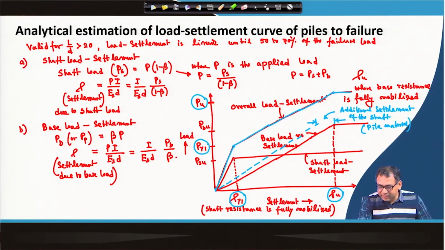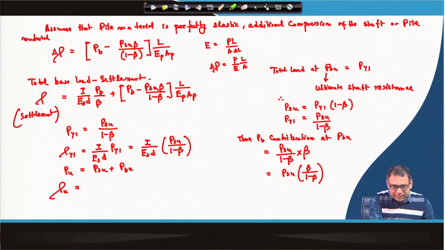The ultimate settlement is this one, and this ultimate settlement is equal to the settlement of the soil contribution on the tip, and the additional contribution. That means the ultimate settlement we will get when the total tip resistance is mobilized. So, that means the tip contribution is the ultimate settlement, and in the tip contribution there will be the contribution from the soil and the pile material. So, I can write this expression here.